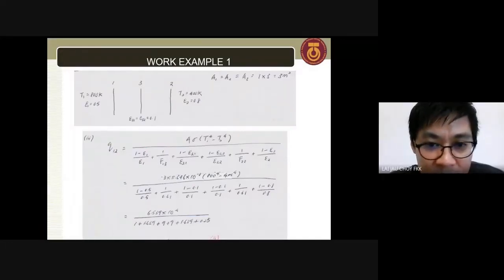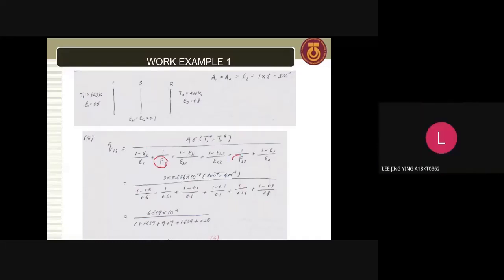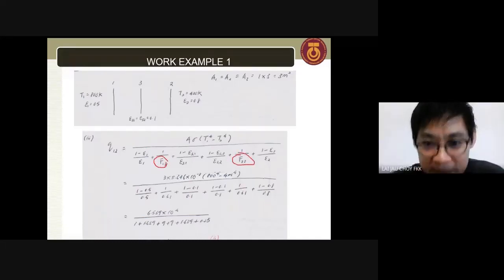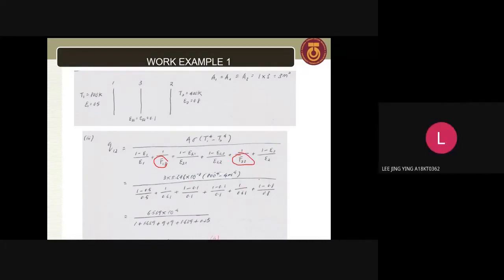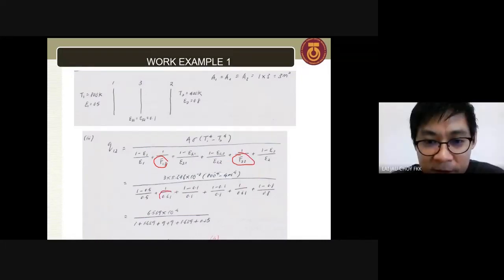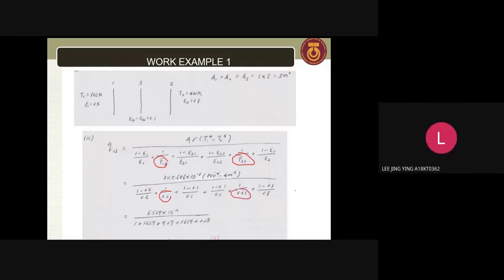So meaning your F13 and F32 are different, right? It's no longer 0.61, and you get 0.76.